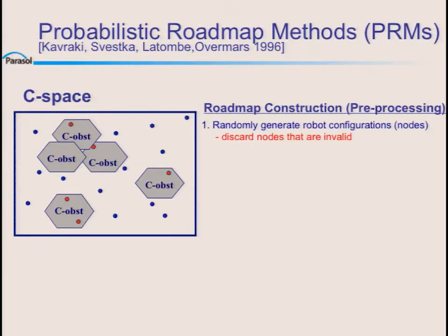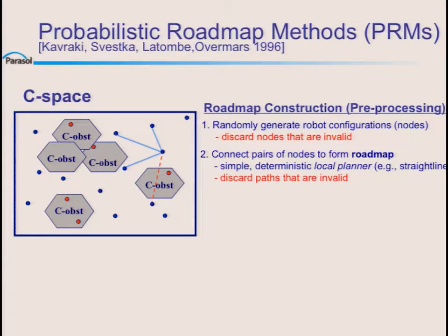In the first step, you generate a bunch of configuration samples in your space. You evaluate each one. You discard the invalid ones, the red ones, and you retain the blue ones, the valid ones. Then for each one, you try to connect it to its nearby neighbors. After you've done that for all of them, you're left with a roadmap.